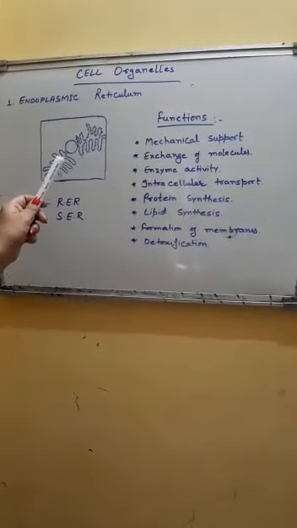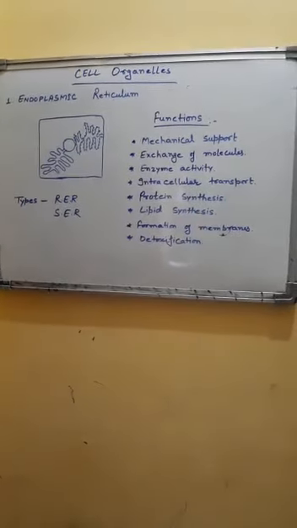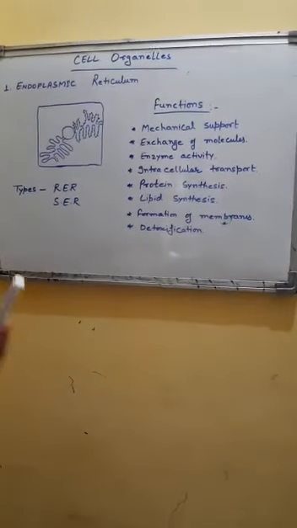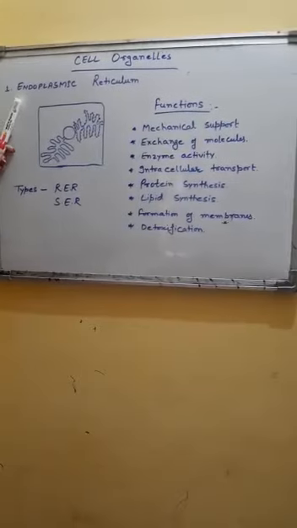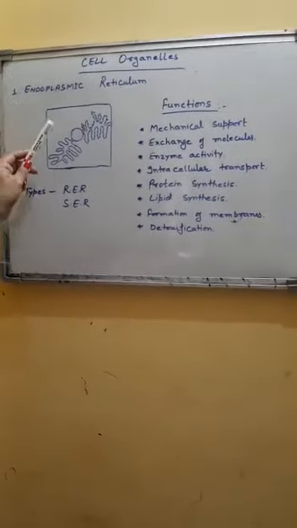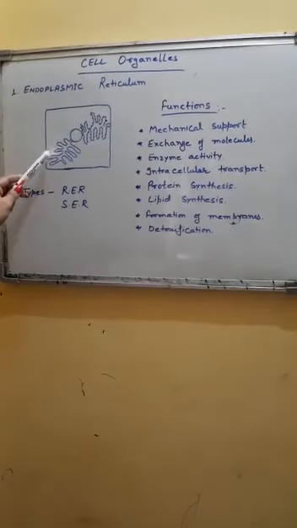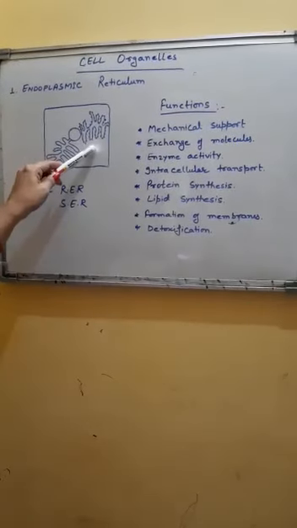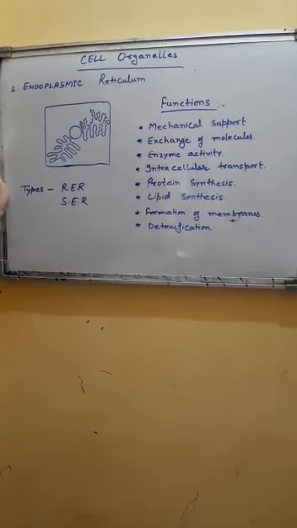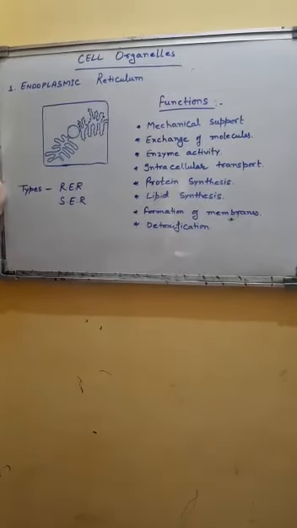Endoplasmic reticulum is a network of tubular structures present inside the cell. It consists of a complex membranous system in the cytoplasm of the cell. Endoplasmic reticulum is found in eukaryotic cells.